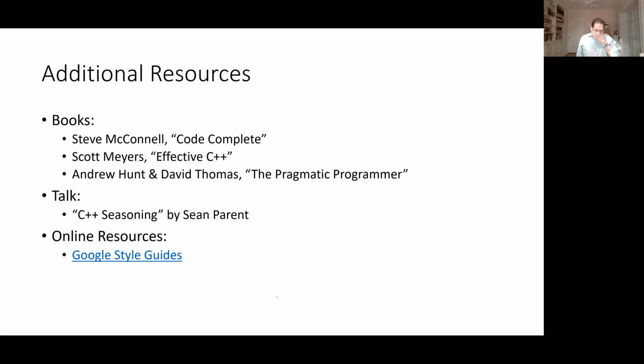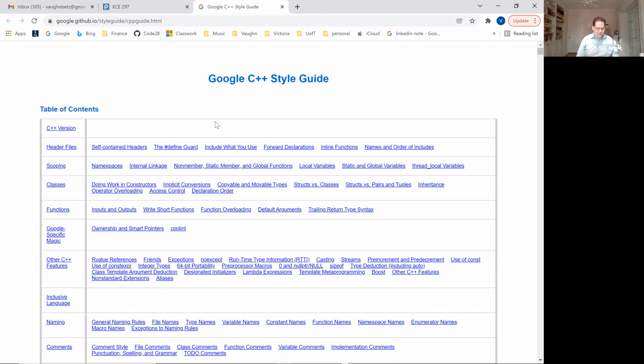Okay, so some additional resources. Here are a few books that you could go and read. Online resources: Google has a very extensive style guide, which is quite good. Some of it is more than you need, because it goes through all sorts of details about how to write good C++.